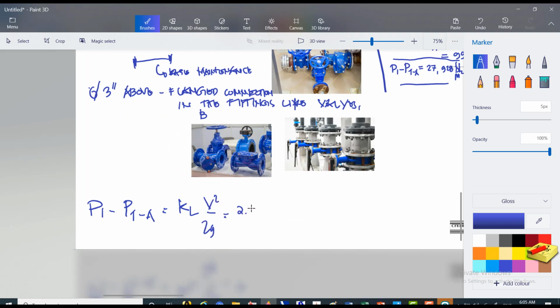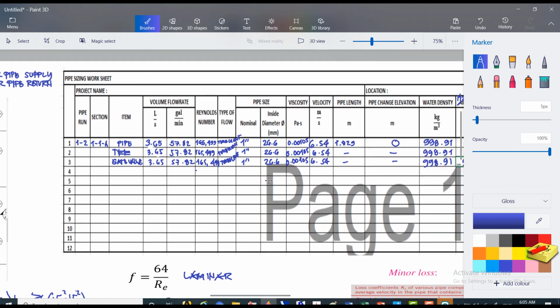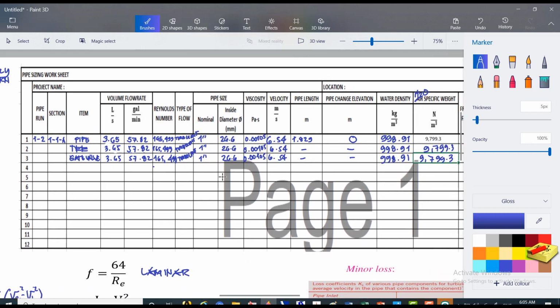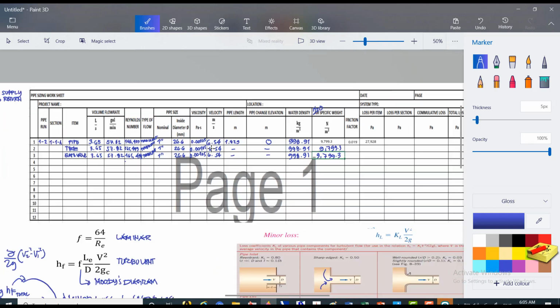So that will be 2.0 times the velocity natin doon. How much is the velocity we have there? So velocity pipe, so what we have, okay, 6.54.